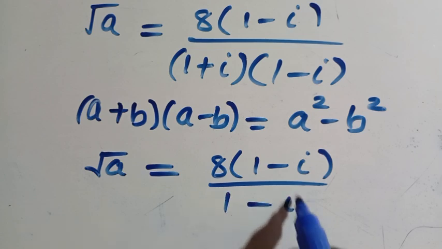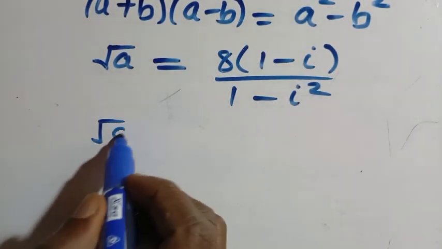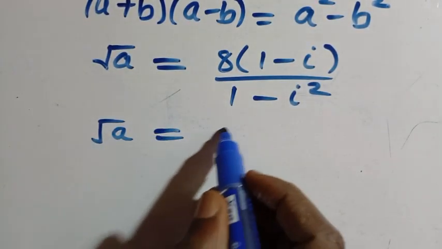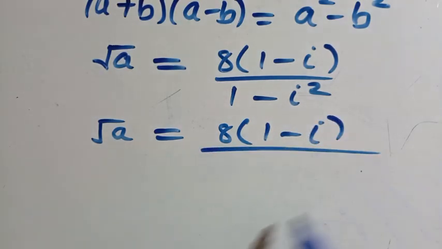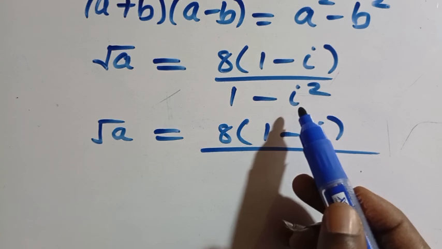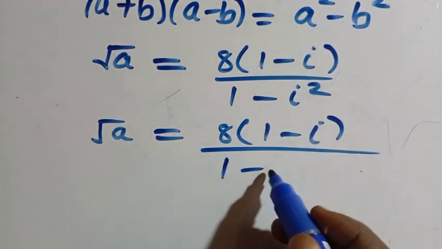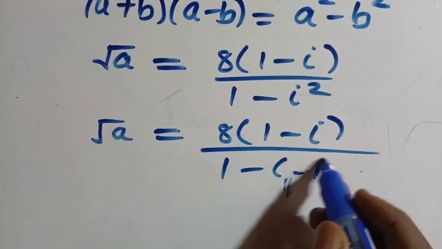Then we have minus i squared. So after getting this, we have square root of a equals 8 into bracket of 1 minus i divided by, so i squared here is minus 1. And here we have 1 minus into bracket of minus 1.